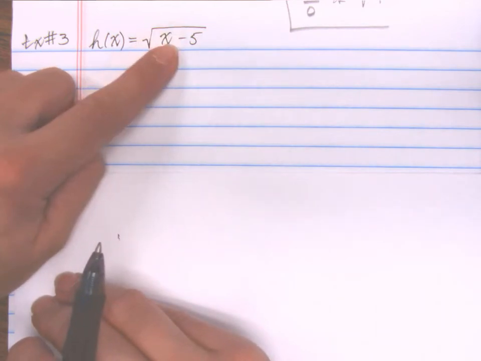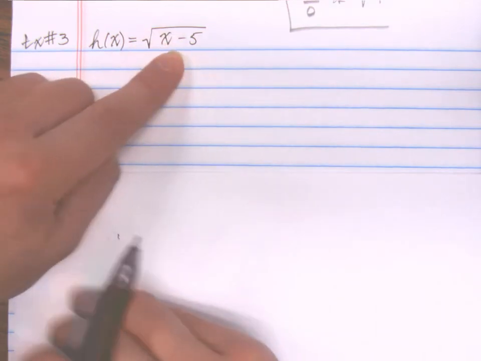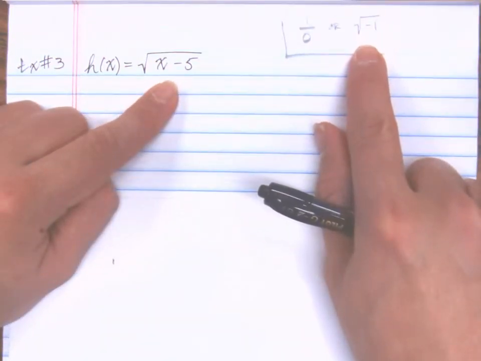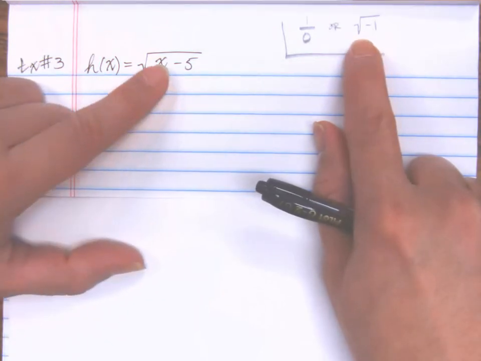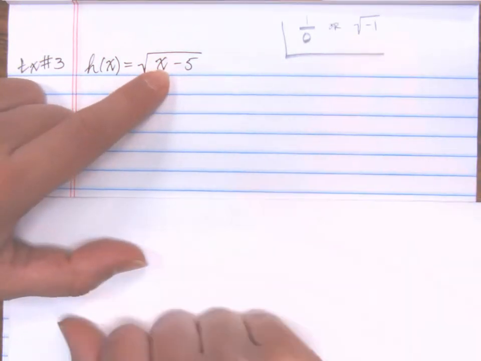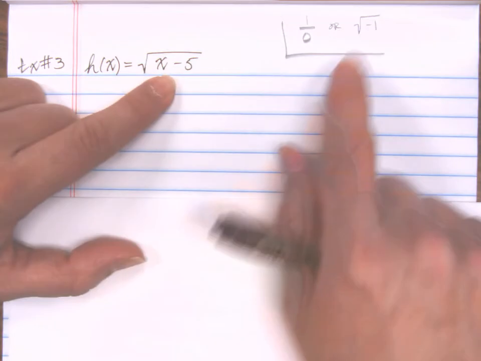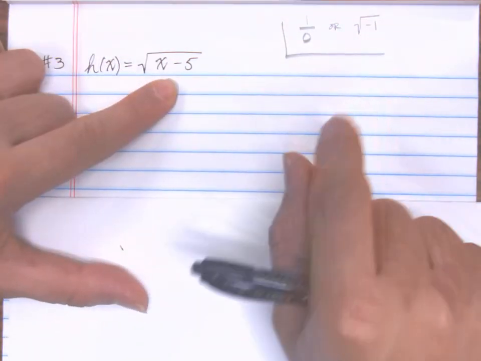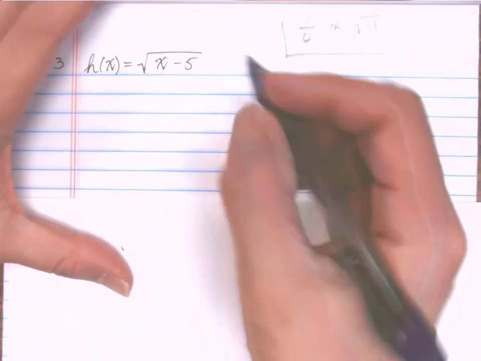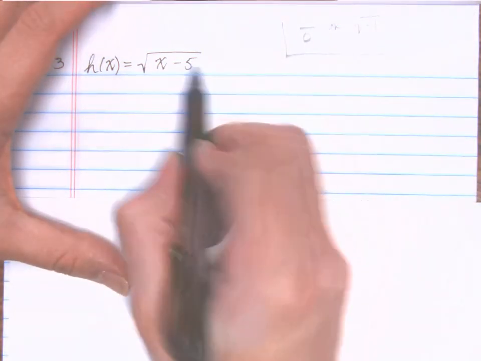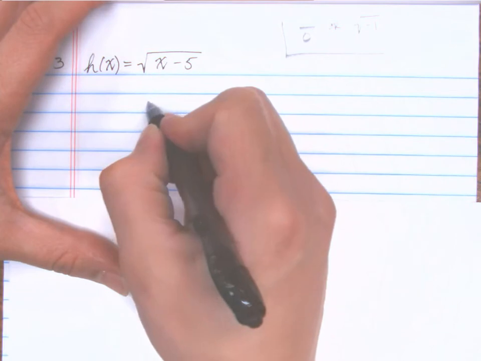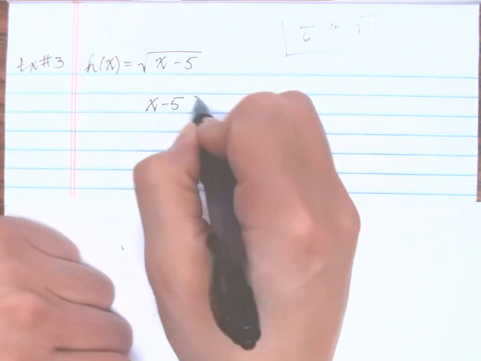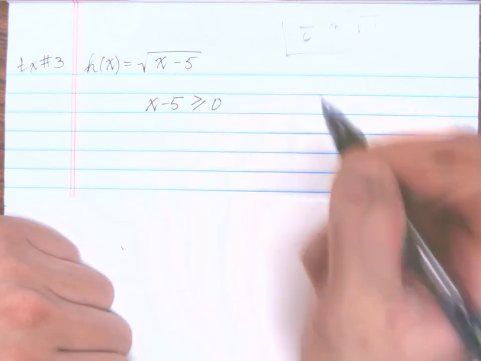This is just linear underneath the square root. So I am concerned about imaginary numbers. I want to make sure that whatever value I plug in here for x is going to be a positive number. I want this to be 0 or bigger. I can take the square root of 0. So I'm going to take what I have underneath my radical, x minus 5, and say that this has to be greater than or equal to 0.